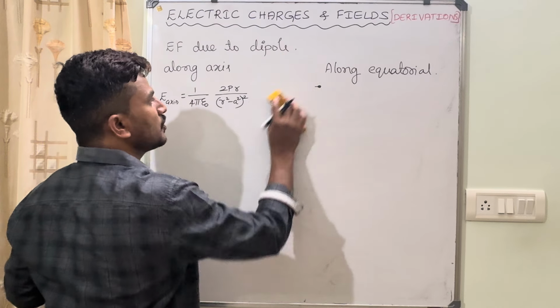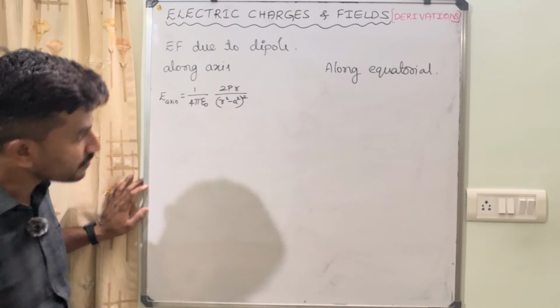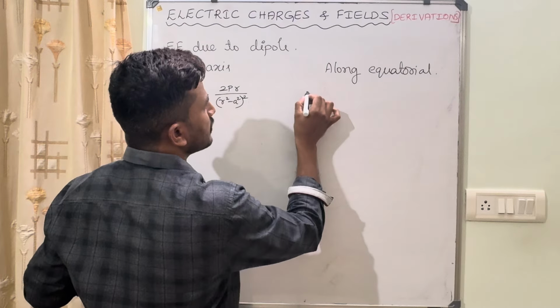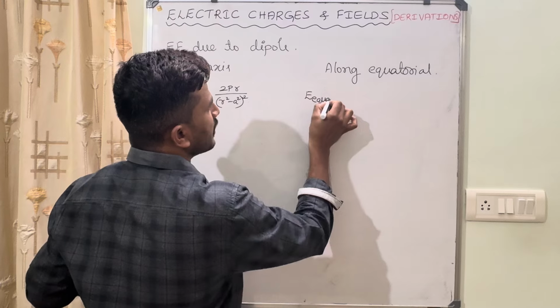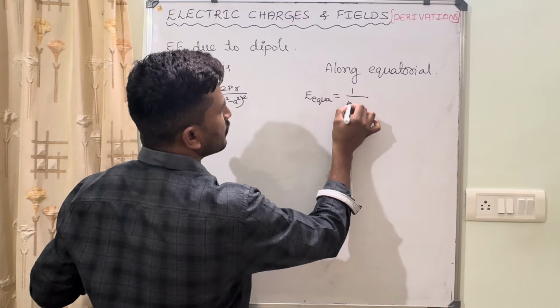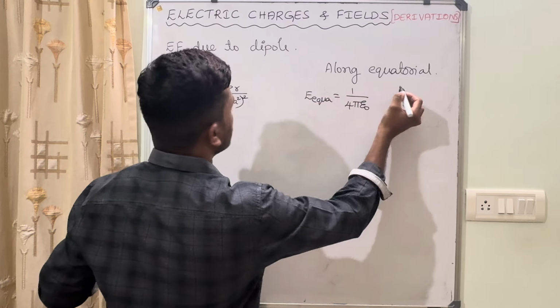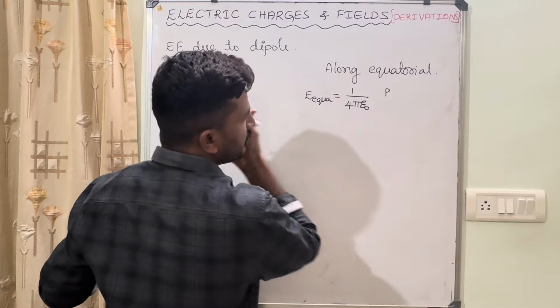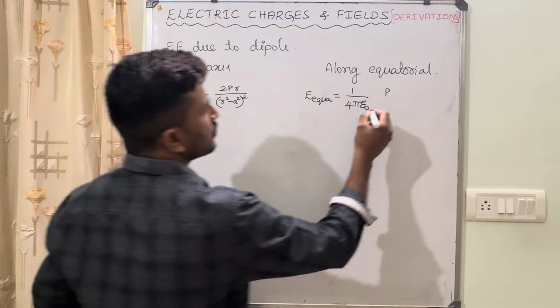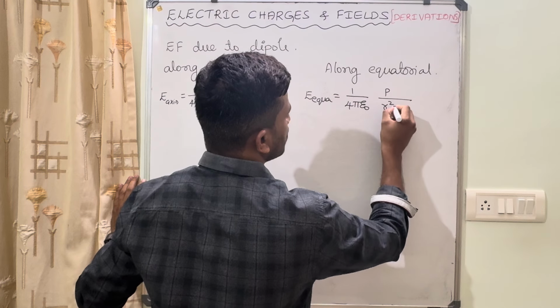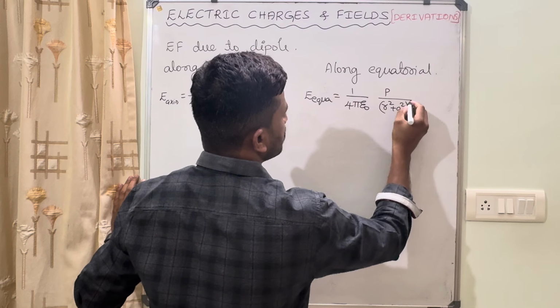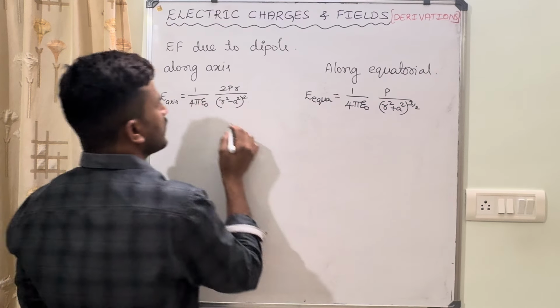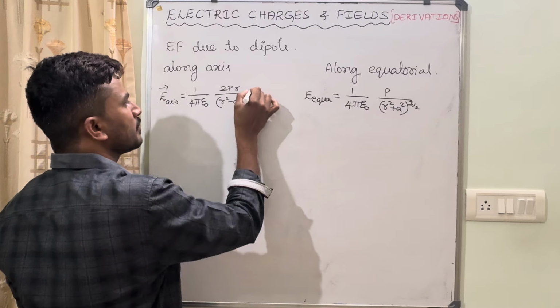And along the equatorial, E equatorial is equal to 1 over 4 pi epsilon naught p divided by r square plus a square power 3 by 2. In vector form, you will get p cap here.